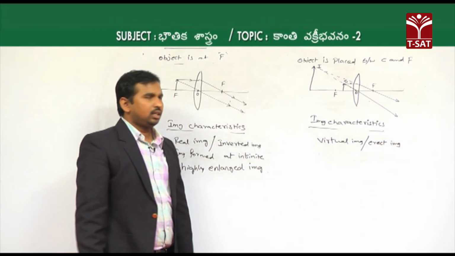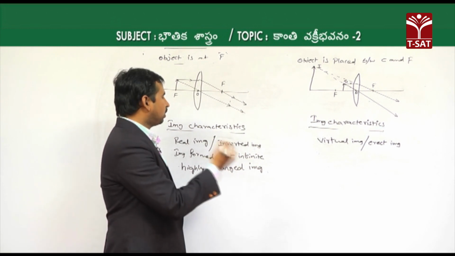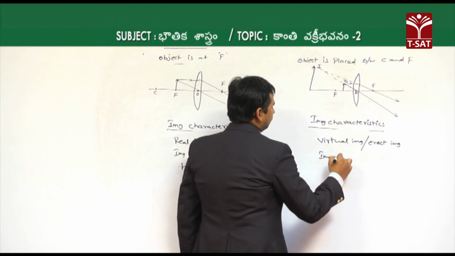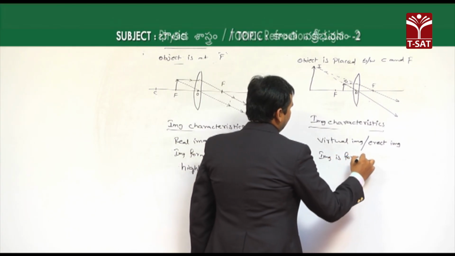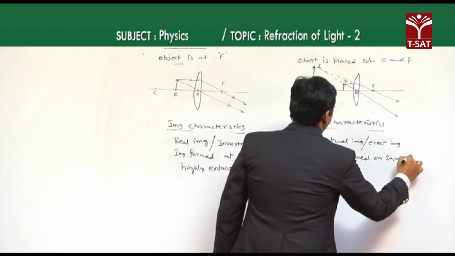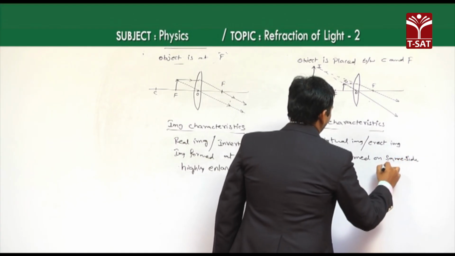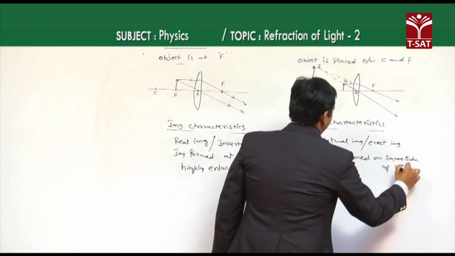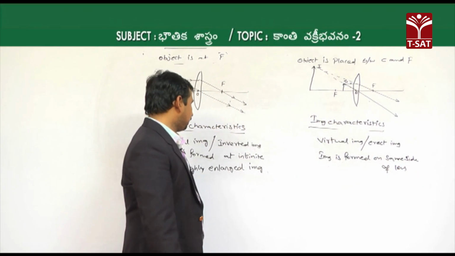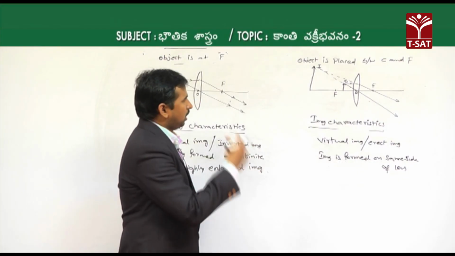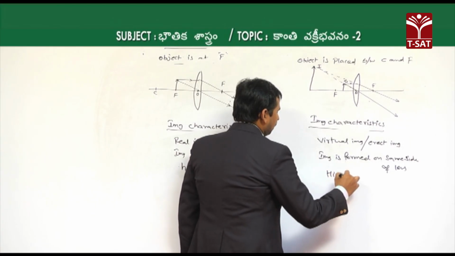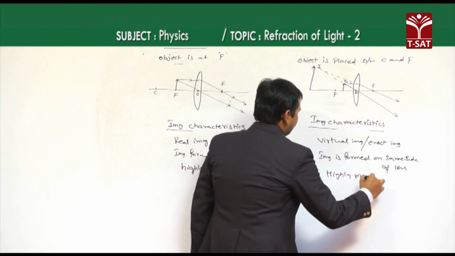Then the image formed is on the same side, so the image is formed on the same side of the lens, or on the object side. And after refraction, the image formed is a highly magnified image.